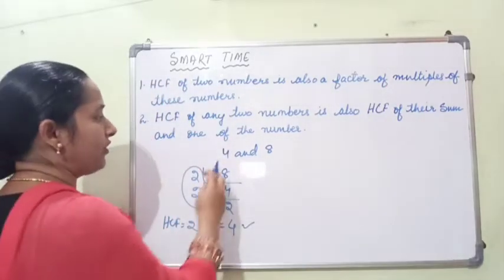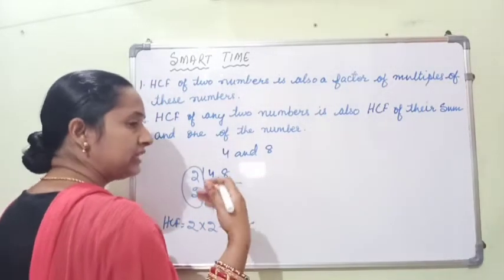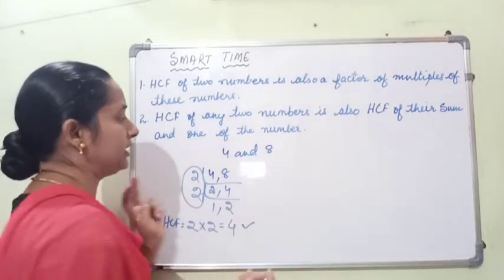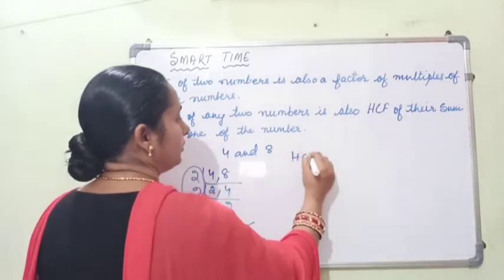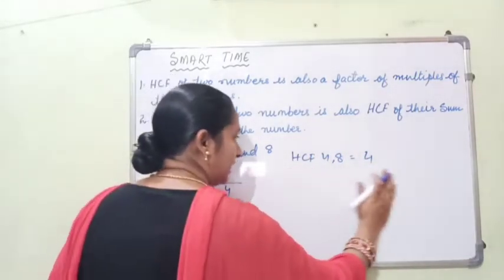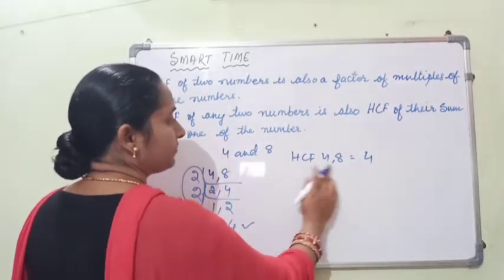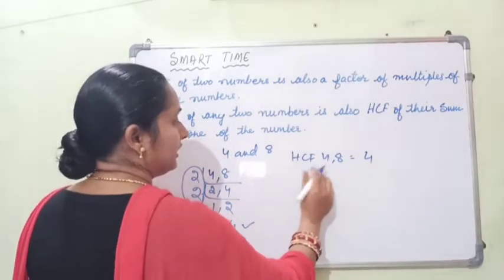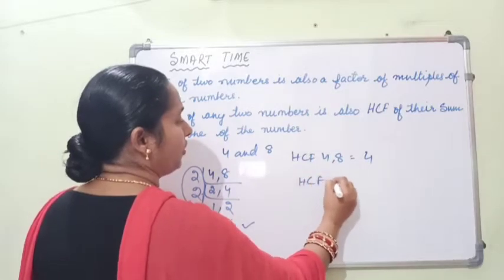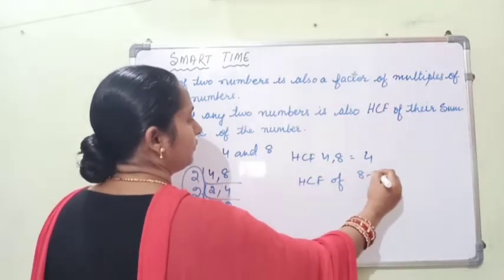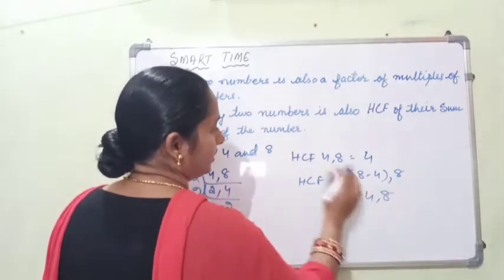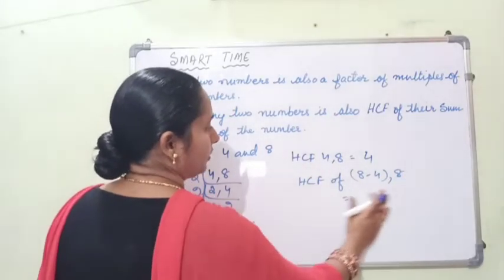Already we have the HCF of 4 and 8, which is 4. If you find the HCF of the difference of these two numbers and one of the numbers, that is 4 and 8, again you will get the same.